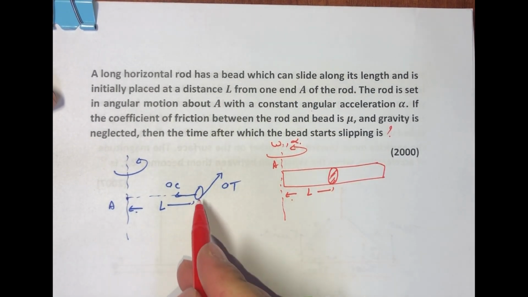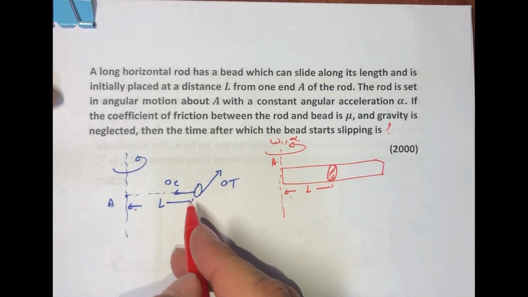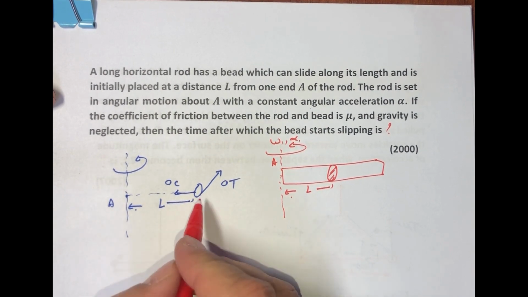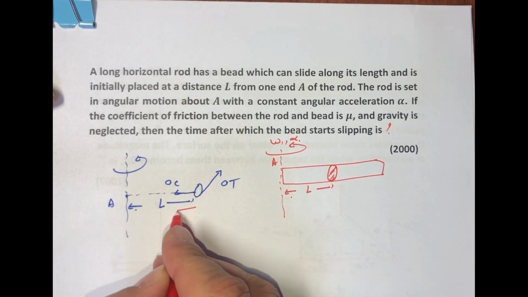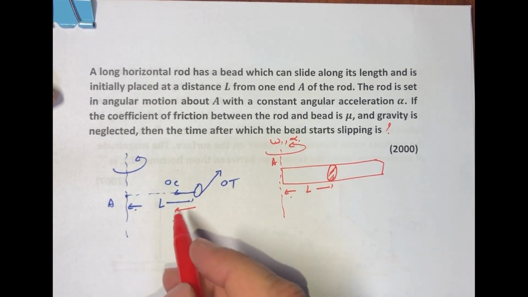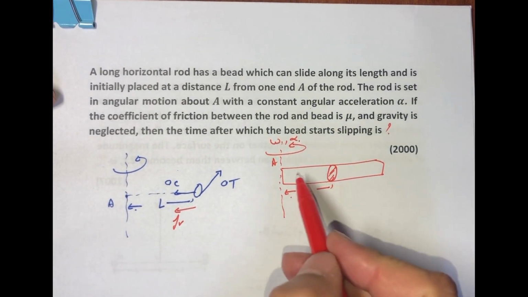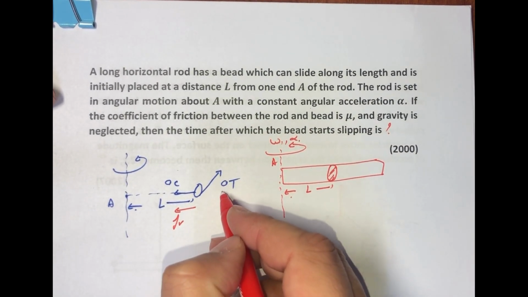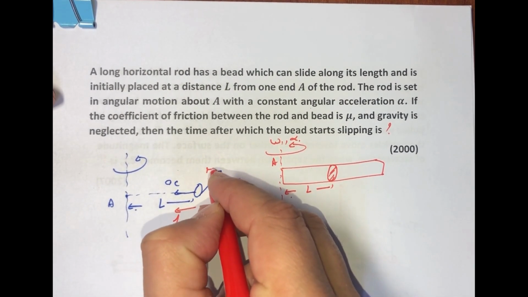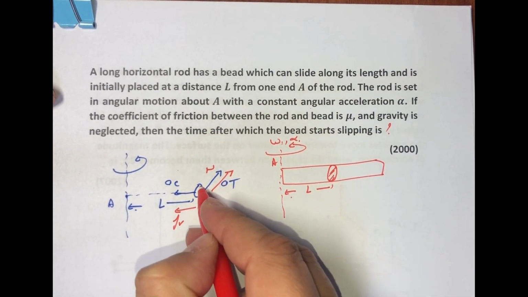It will try to move away from this point, and because of that there will be a frictional force Fr acting along the axis of this rod, and there will be a normal acting in this direction. So this will be the normal, and we have tangential acceleration also in this direction. So this is our bead.